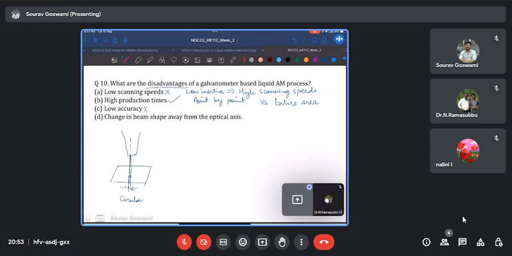But when I'm deflecting the same beam to the edge of the surface using galvanometers, along this curvature, the beam will have the same cross section.